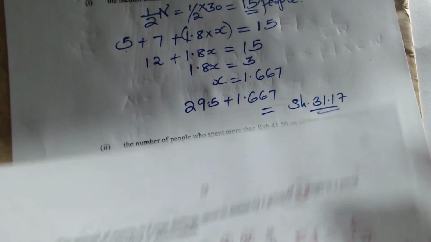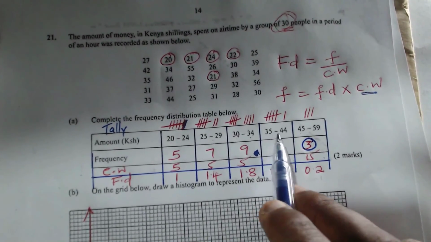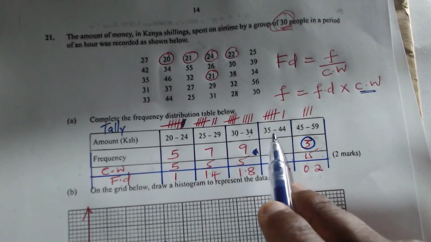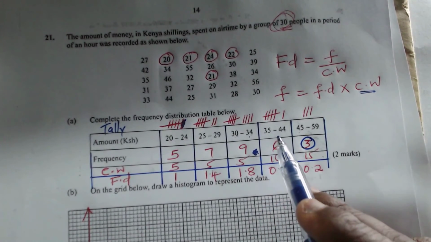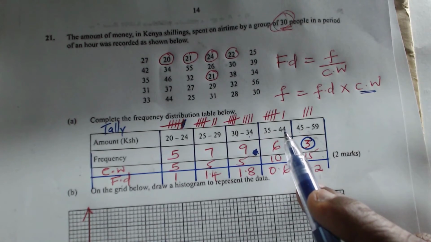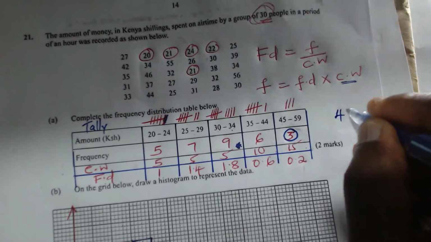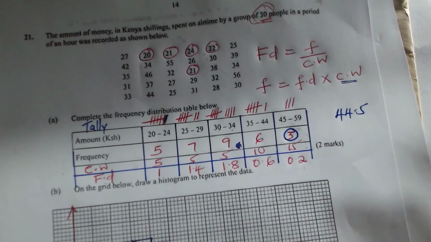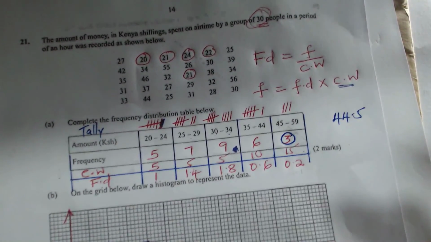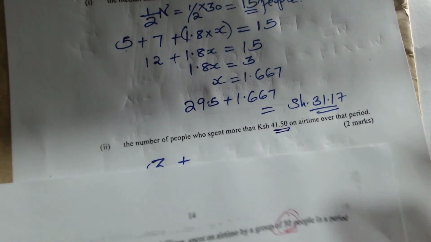Now we have this group that is here. We need to get the class size here. So from 41, we only require from 41.5. So the upper class limit there is 44.5, and we need the number of people who spent more than 41.5.